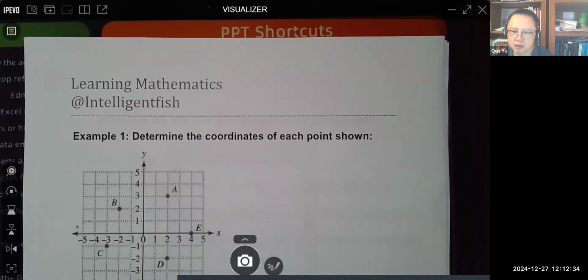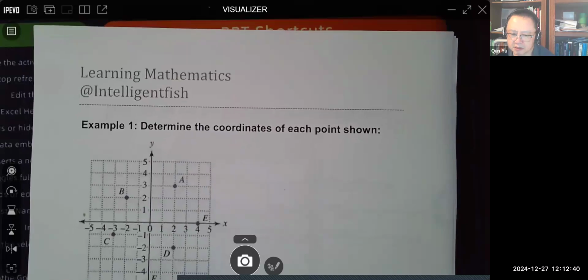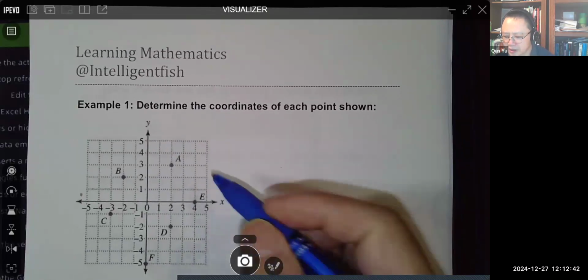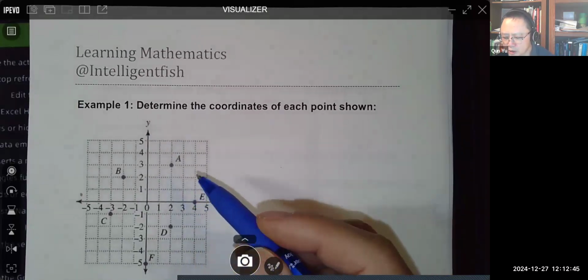In this example, we want to determine the coordinates of each point shown in this chart. Let's do it in alphabetical order.